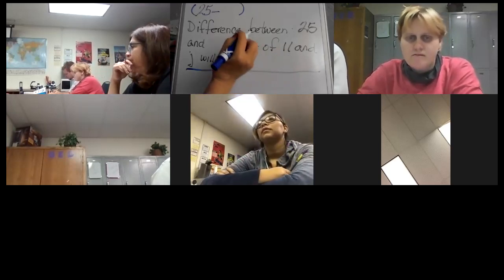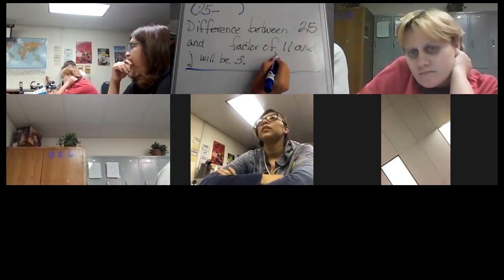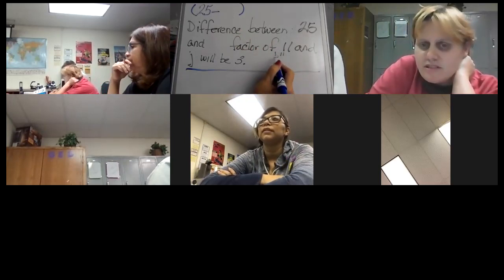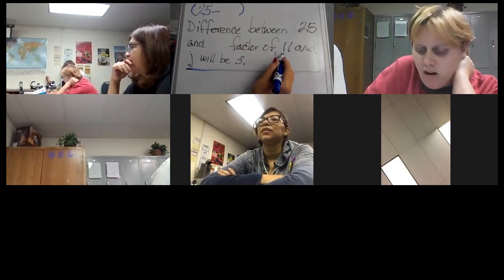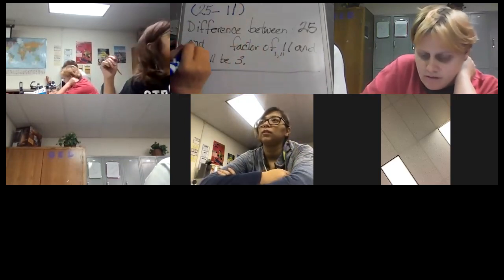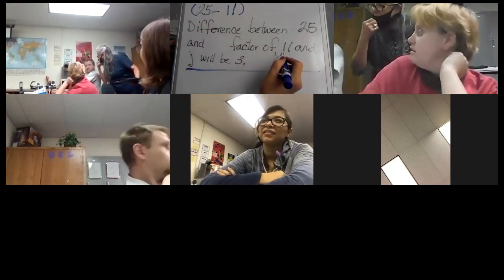So the only two numbers that will give 11 is 1 and 11, right? There's nothing else that will make 11. So we're going to use 11, because 1 is kind of invisible, right? So that's why we're using the 11.